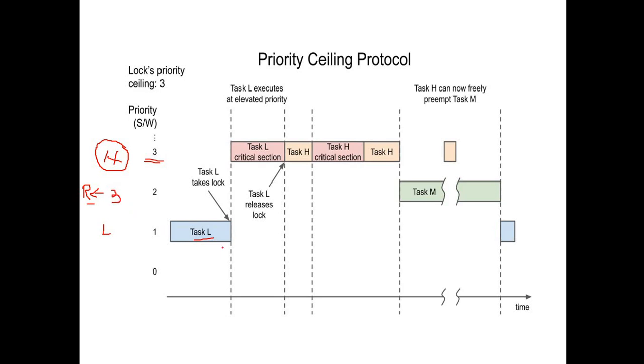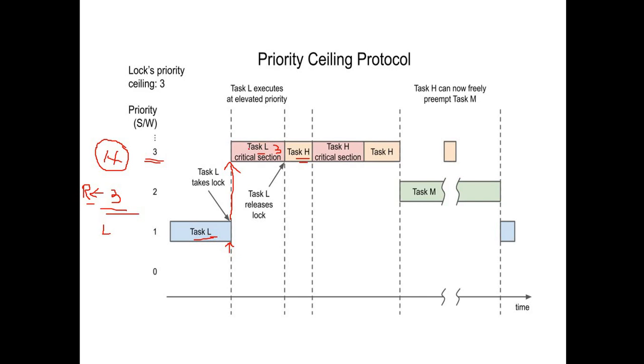So when process L acquires the lock on the resource R and wants to execute in the critical section, then immediately the priority of the task L will be boosted to the priority of the resource, that is 3. So this is equivalent to the priority of the task H. So now the task L will complete its execution with the priority 3 instead of 1.